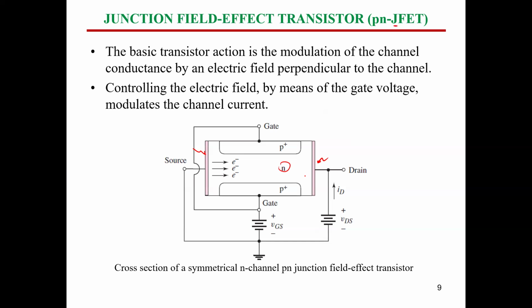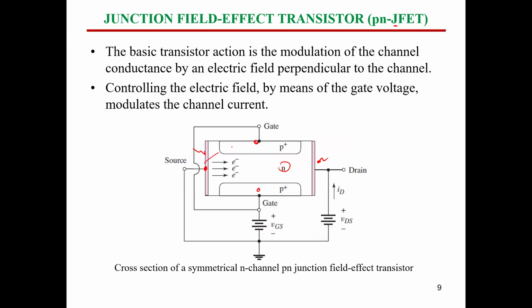So the conductance will be controlled by means of the electric field. The electric field is applied between gate and source, so the voltage VGS will create a certain electric field. This is S, this is G, and this is G as well.